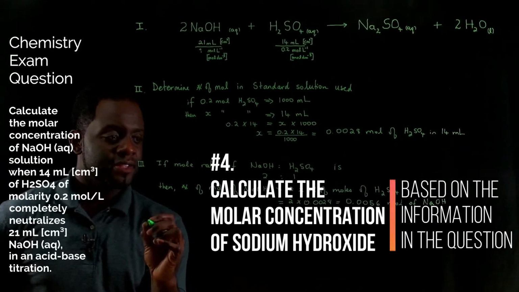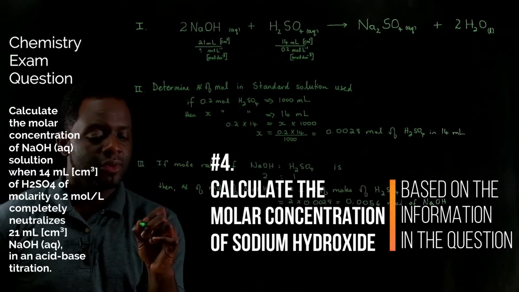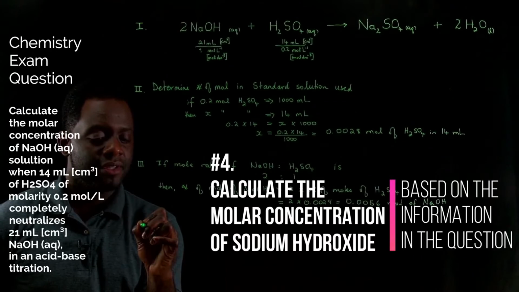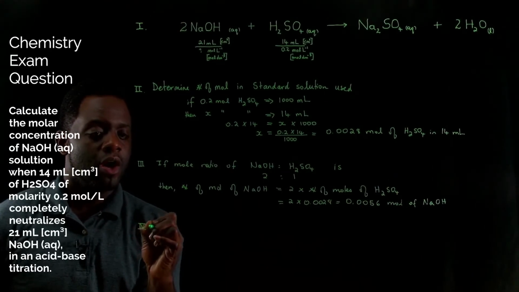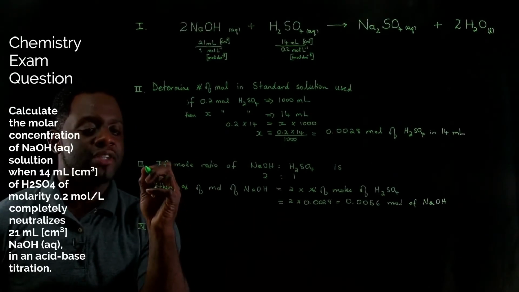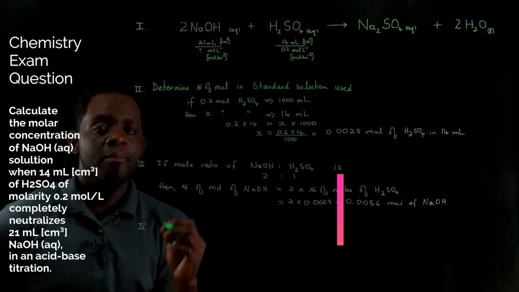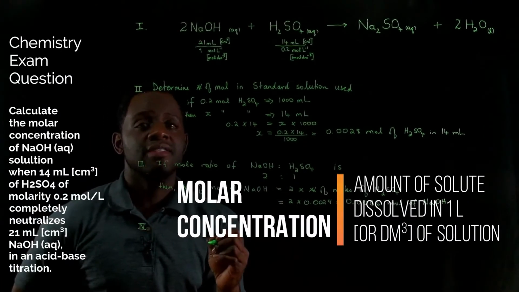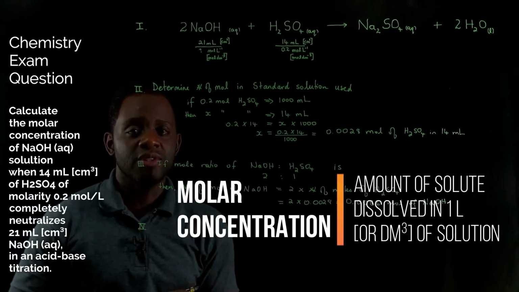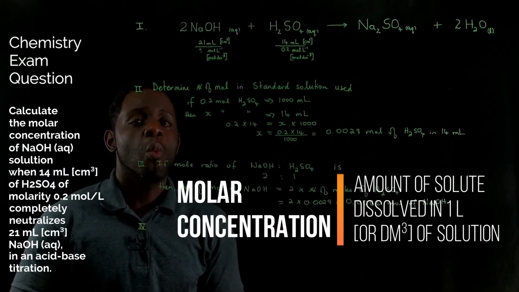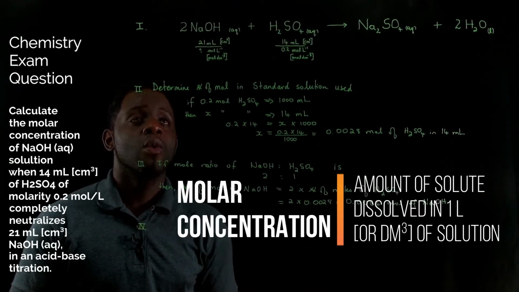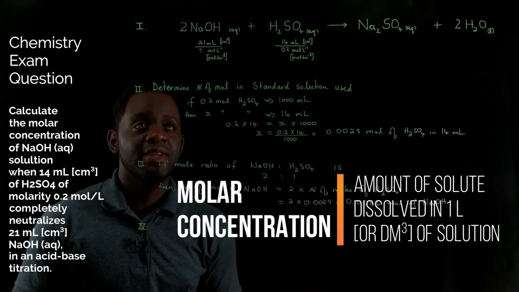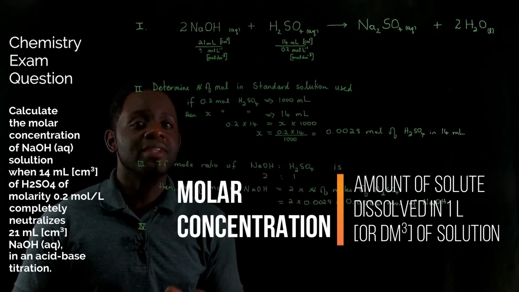And our final step will be to calculate the molarity, the molar concentration of sodium hydroxide. Now, molar concentration is the amount of moles of the solute dissolved in 1 liter or 1 dm cube or 1000 milliliters or 1000 cubic centimeters of solution.